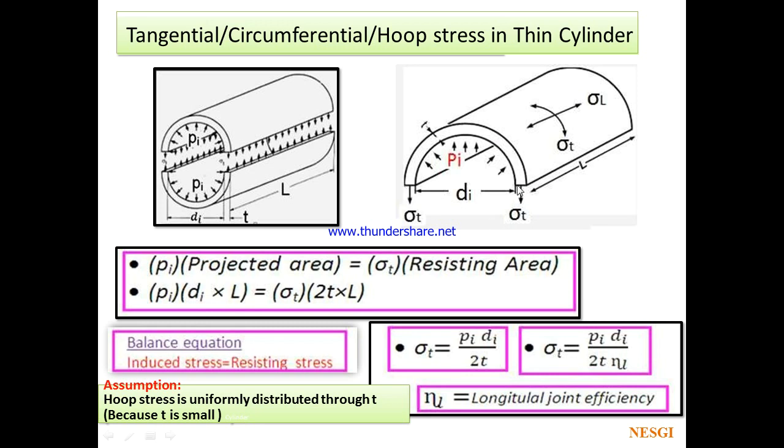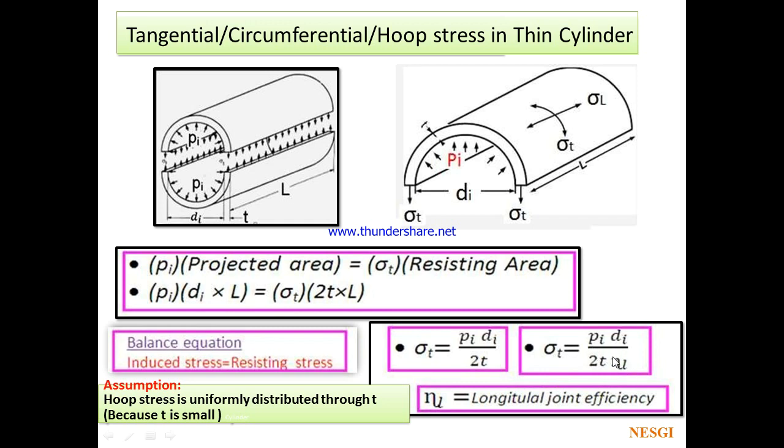You can see here, this thickness into L plus this thickness into L, that means 2 times thickness into L. If you project this area on the plane, it is T into L plus T into L, that is 2T into L. So sigma T will be given by Pi into Di by 2T, as L gets cancelled.